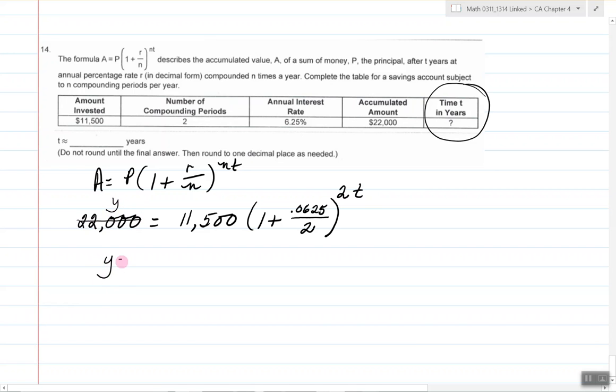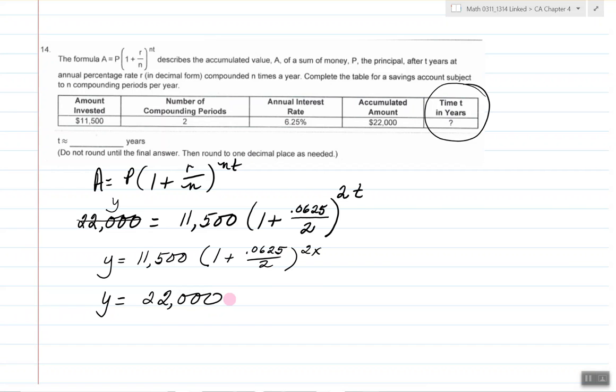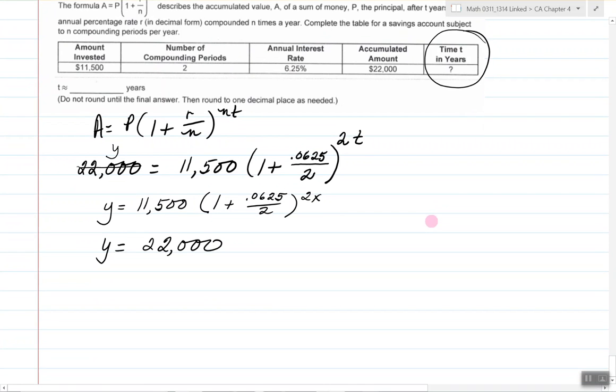So I'm going to type in y equals 11,500, open parentheses, 1 plus 0.0625 divided by 2, raised to the 2x power, and then I'm going to have a second y equals, and the y value is 22,000. If you didn't want to do that and you wanted to do it algebraically, you certainly could. You would end up taking the log of both sides. It would be a little bit on the nasty side. So let's see what we've got.